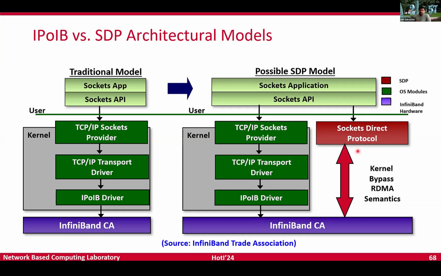So back then, people came up with what is called the Sockets Direct Protocol, which does kernel bypass with RDMA semantics, and this primarily targeted the large message spectrum. The small message latency was still not great because you had to go over the user to kernel interface, but the large message bandwidth was significantly improved compared to IP over IB.